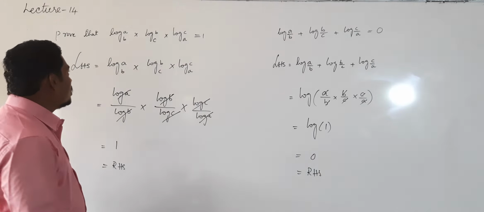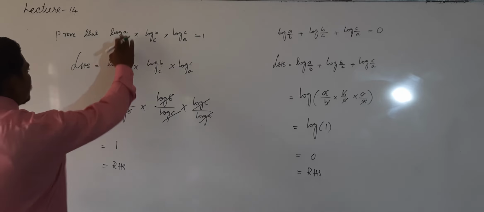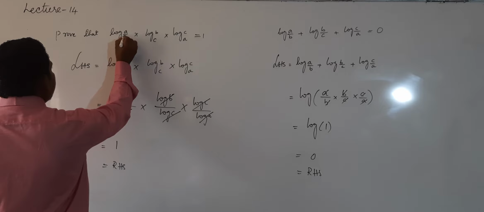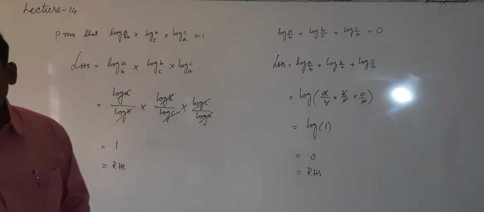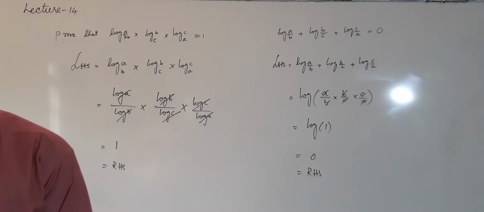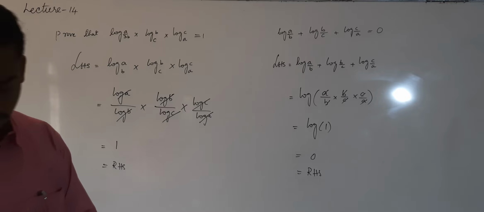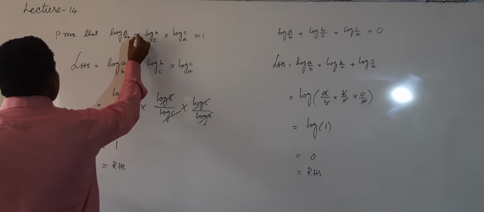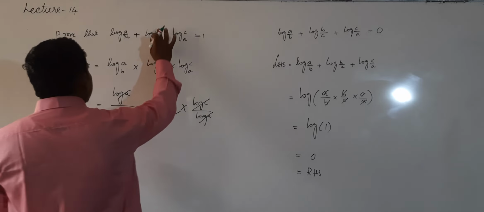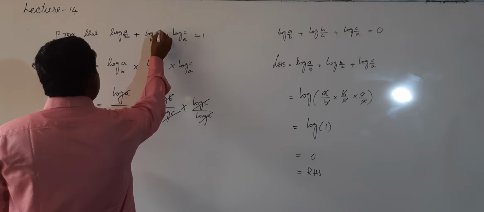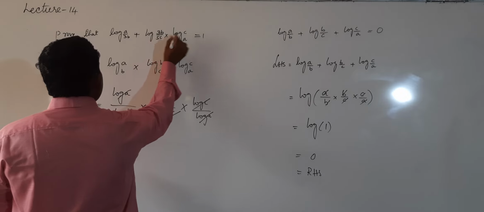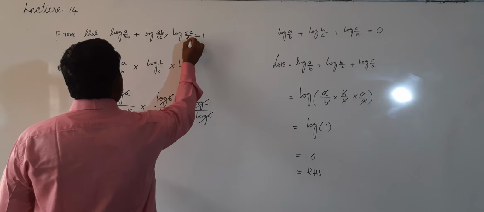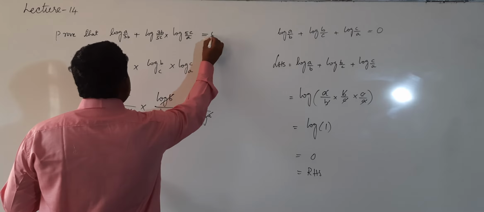Next problem. Prove that log a divided by 3b plus log 3b divided by 5c plus log 5c divided by a equal to 0.